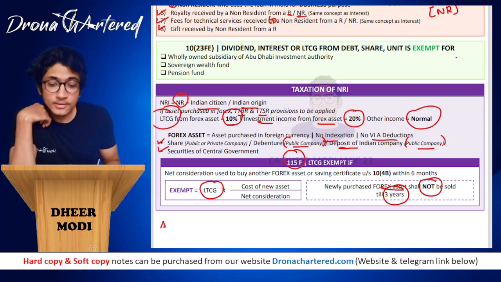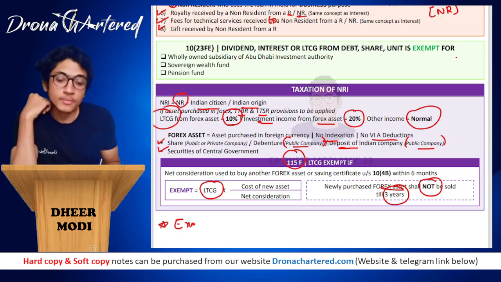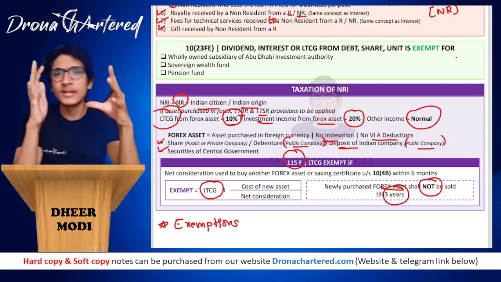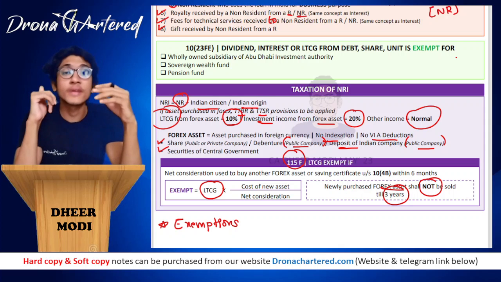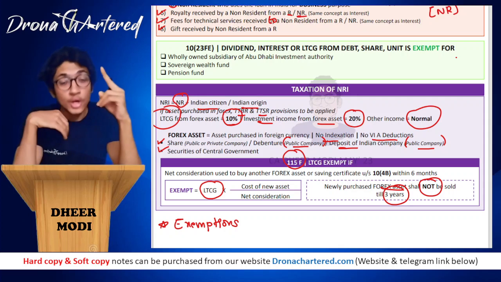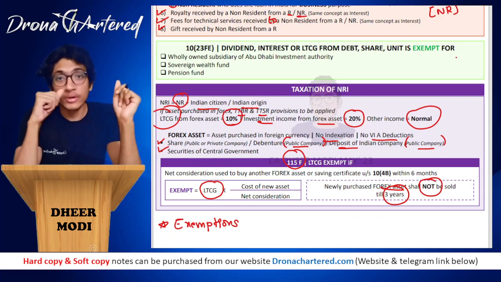Another thing that you have to study on your own is there is a list of exemptions given. There are some exemptions given in this chapter, I think 20-25 transactions have been specified that if these transactions are done, it will not be taxable. So make sure you learn those from your main book, whichever faculty's books you are referring.